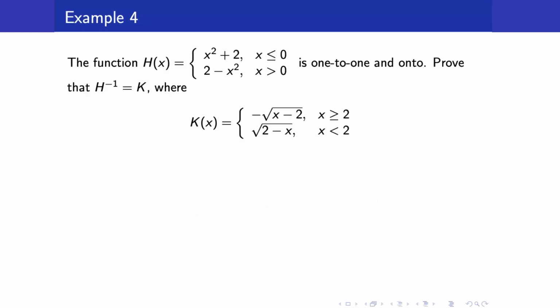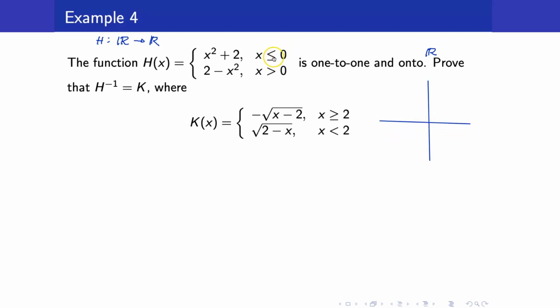Okay, here is an example of an application of the theorem. Suppose we have this piecewise function, h of x, and this is known to be 1-to-1 and onto R, meaning to say our h is from R to R. Yes, that is true because how does the graph look like?